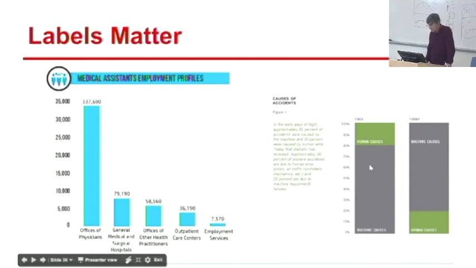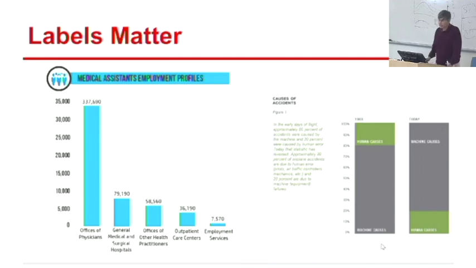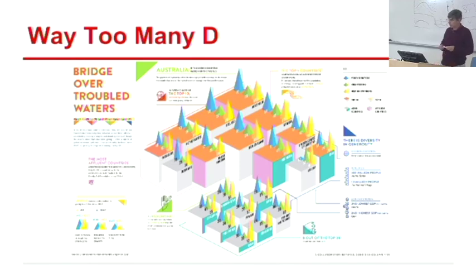Yeah, because the machine cause should have been the smaller version on the right. Right, so this should have been right. It was human causes because they didn't have enough machines to hurt people, right? And now they got the labels wrong. They reversed human and machine, right? Okay? And of course, these are the kind of things that matter, or else you can't interpret what you're doing. Any questions? What do people think about this one?